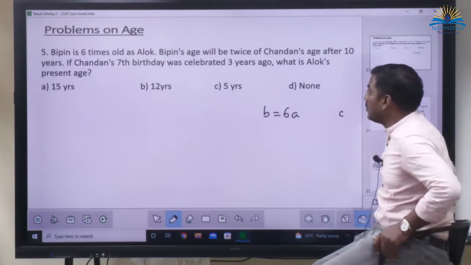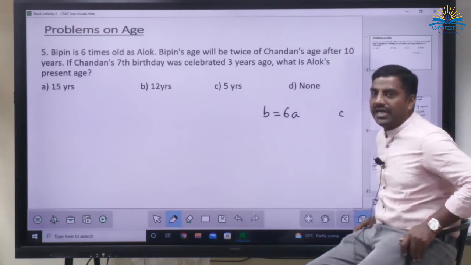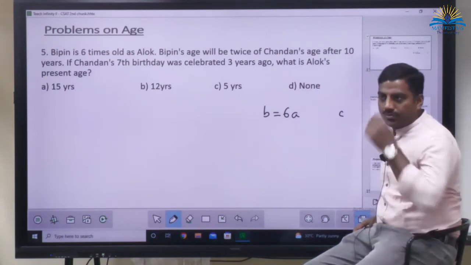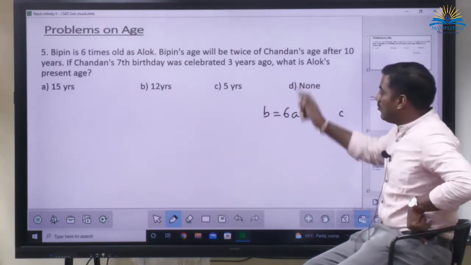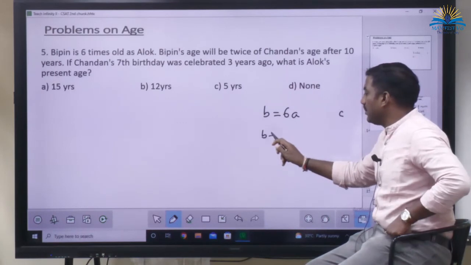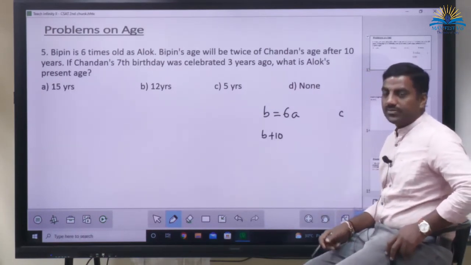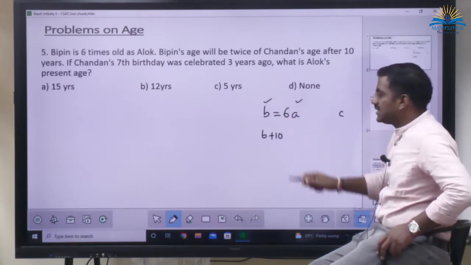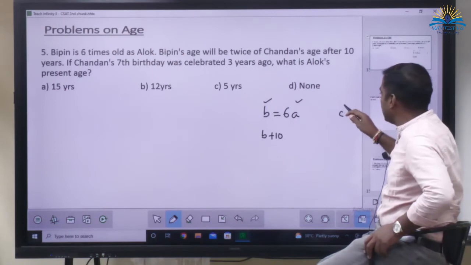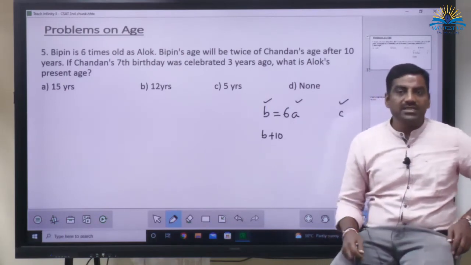Bipin's age will be twice of Chandana's age after 10 years. After 10 years, what will be the age of Bipin? B plus 10. And what about Chandana's age? While you are taking Bipin's age now as B and Alok's age as A, you have to take Chandana's age as C. After 10 years, what will be the age of Chandana?